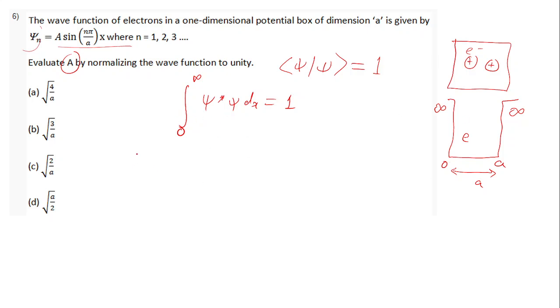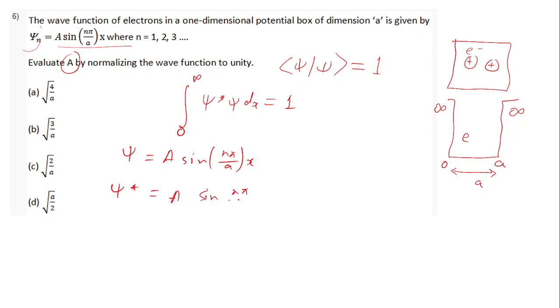The wave function is A sine n pi by a x. Then we take psi star, which, because this is just a number, will be the same.